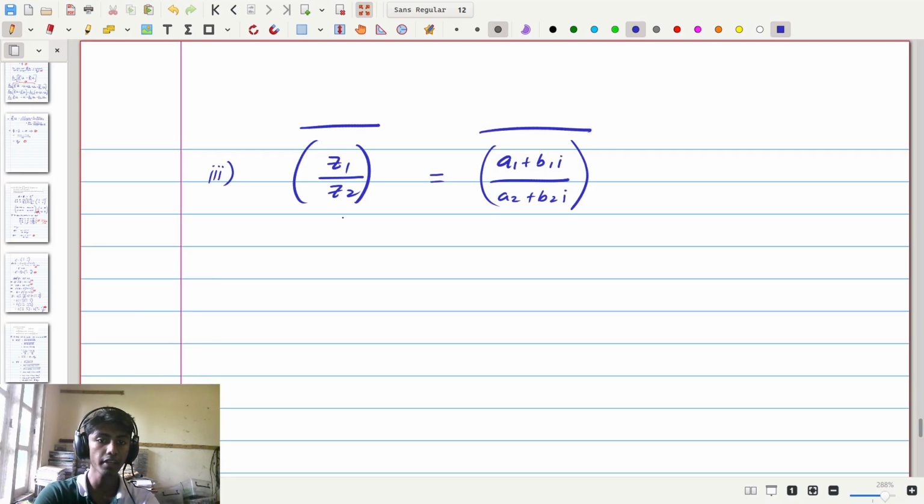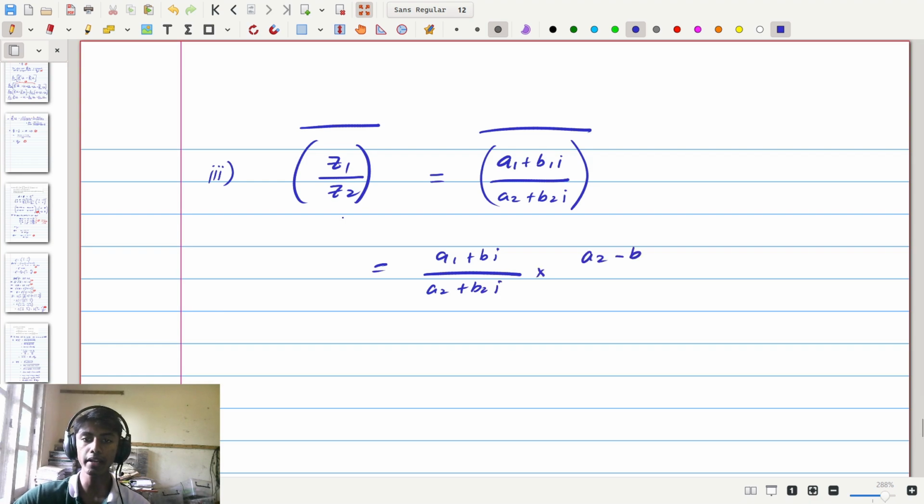Now to simplify this, the best way to do that is to multiply the top and the bottom here by the conjugate of the denominator, which is a2 minus b2 i. Now if we do that, we will get a1 plus b1 i divided by a2 plus b2 i times a2 minus b2 i divided by a2 minus b2 i, and we can take the whole thing and conjugate it.